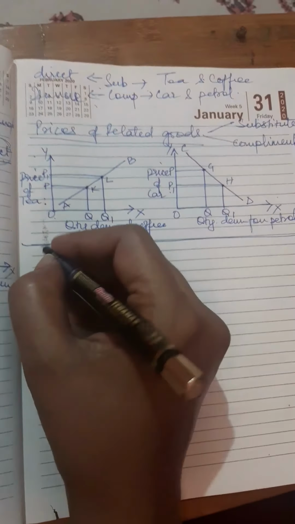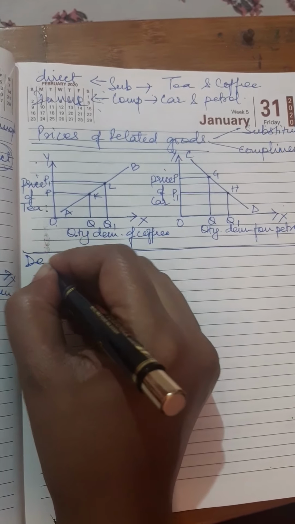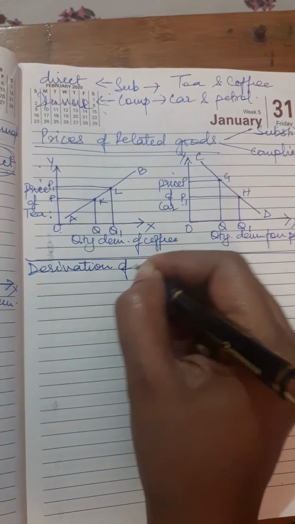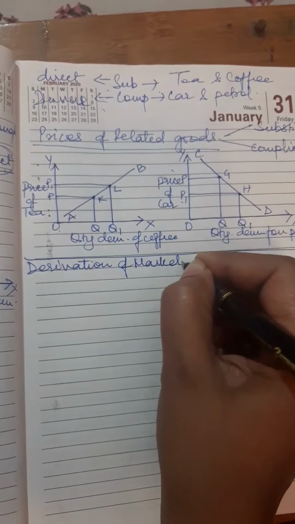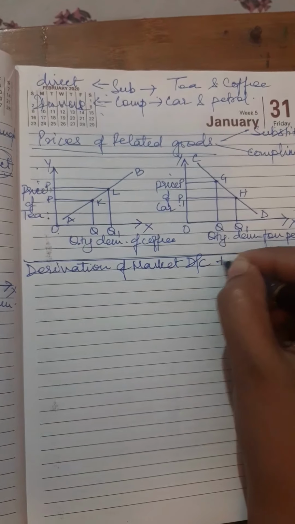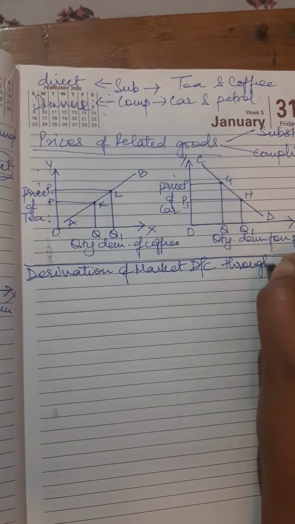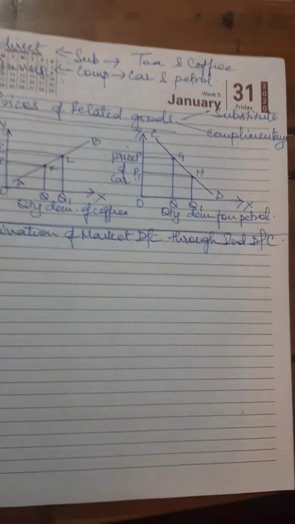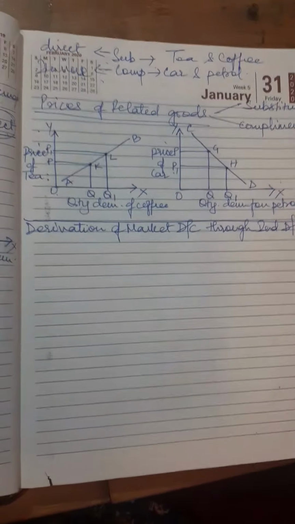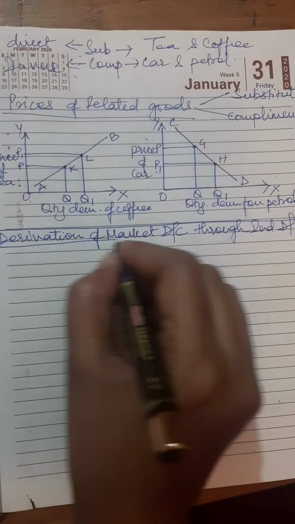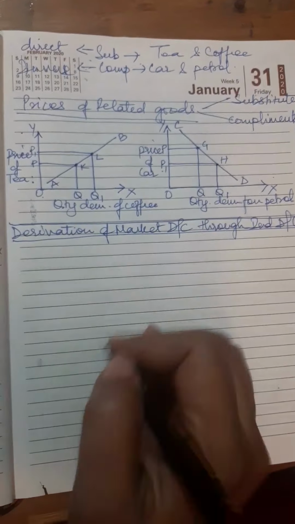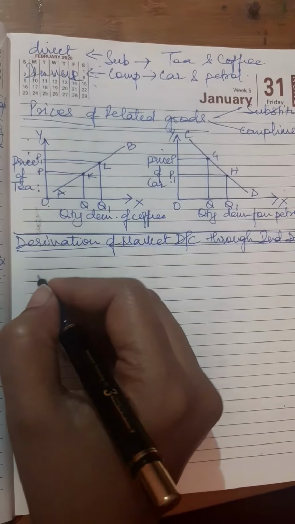Now the third diagram that we did was on derivation of market demand curve through individual demand curve. Now, to make it simple, let's just assume there are two consumers in the market.